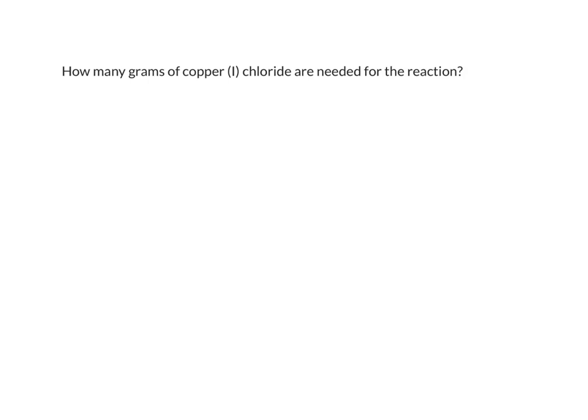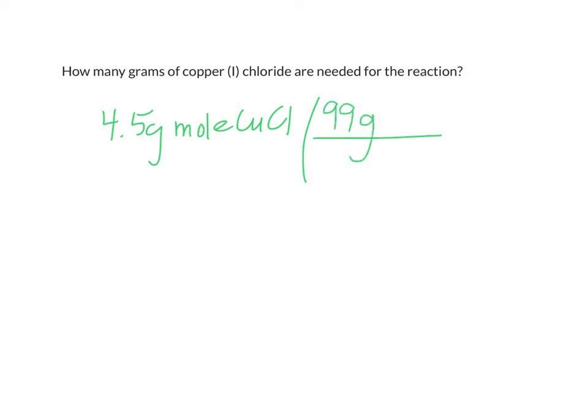Next, it asks us for how many grams of copper 1 chloride are needed for the reaction. So we're going to use that 4.5 moles of copper 1 chloride and convert it into grams using the molar mass of copper 1 chloride located on the periodic table. That comes out to be 99 grams of copper 1 chloride per 1 mole of copper 1 chloride.